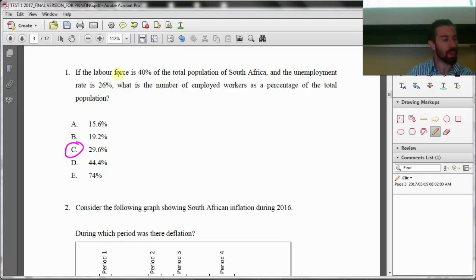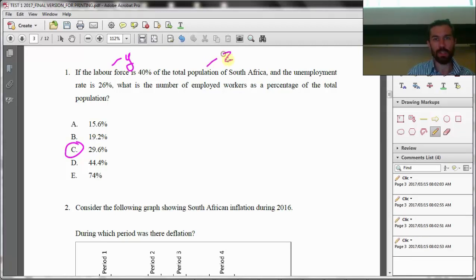So if we know that the unemployment rate is 26%, okay? Let's first of all throw in some variables. Let's call the labor force Y, the total population Z, and the unemployment rate is 26%.